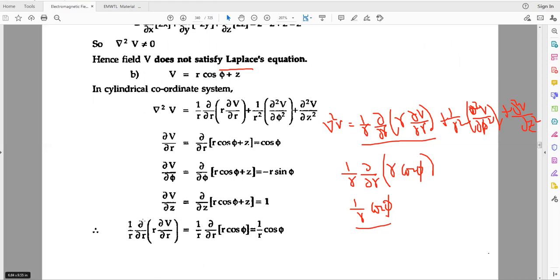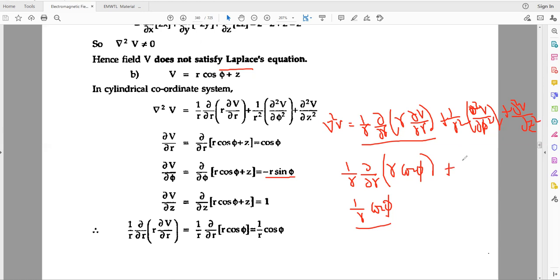The first term, see here, 1/R ∂/∂R of R into ∂V/∂R is equal to 1/R cos phi. And the second term, what is ∂V/∂phi? We got a minus R sin phi.